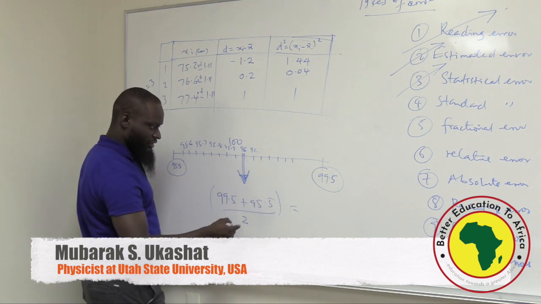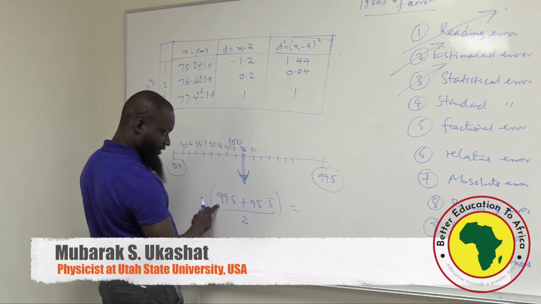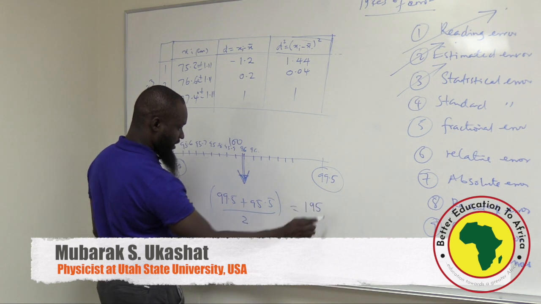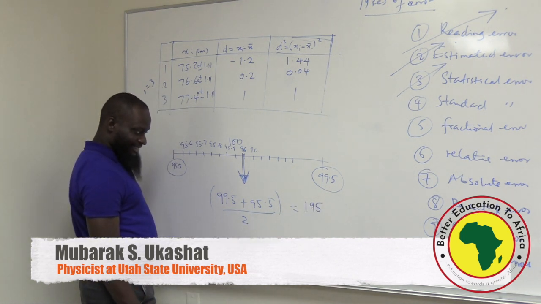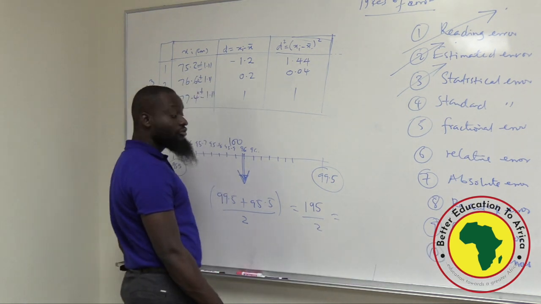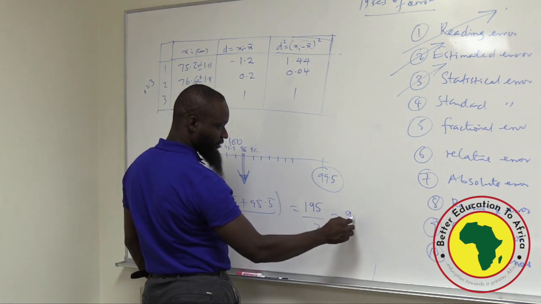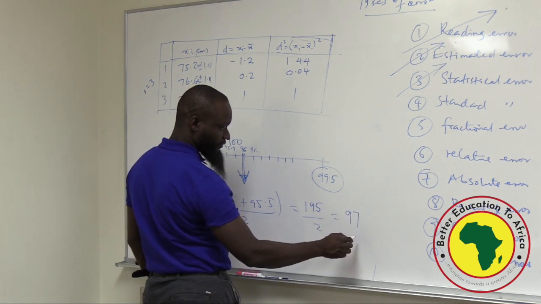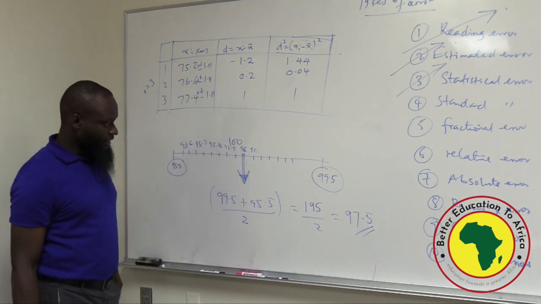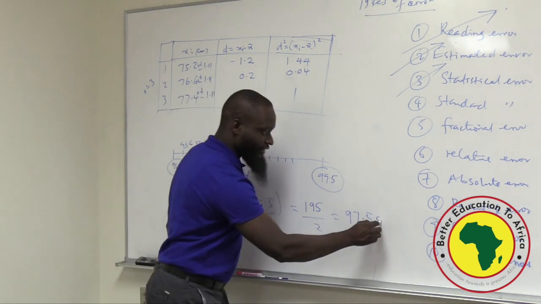That gives us 195 divided by 2, which is 97.5. Now, 97.5 centimeters is our average.